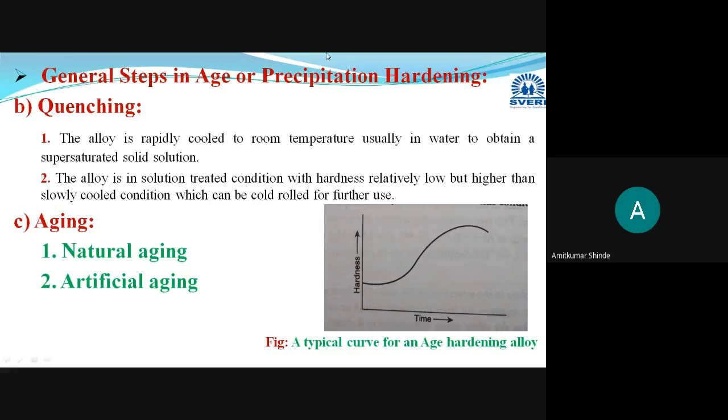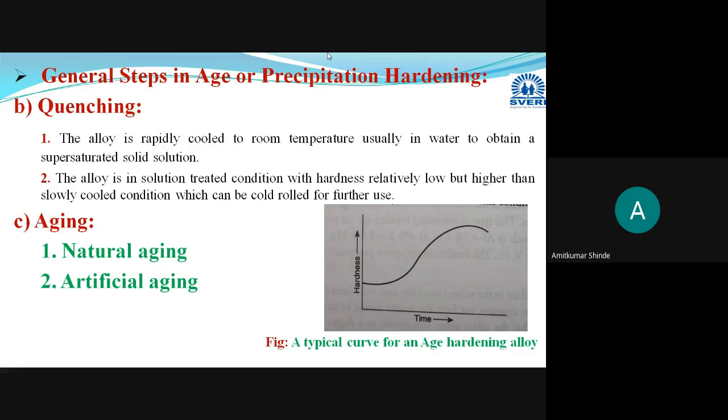Now after performing this process, the last step will be the aging. Means you just have to wait for the passing of time. Automatically there will be some increase in the hardness. That process will be termed as the aging process.